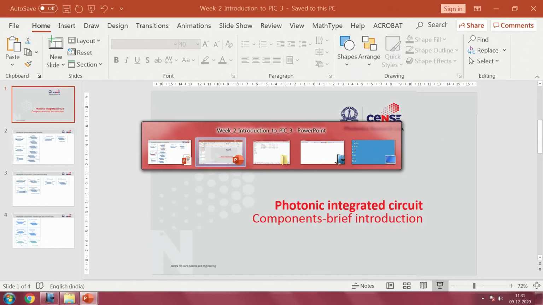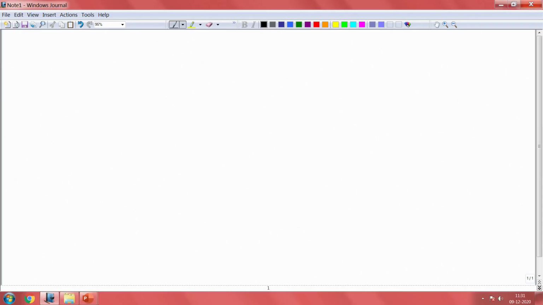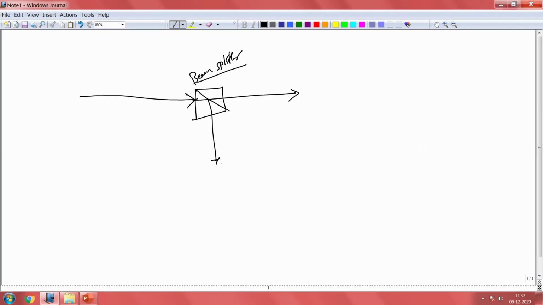Let me open the journal here. If you want to split the light, you will use a very simple beam splitter, and that beam splitter is going to transport one part of the light there and another part here.